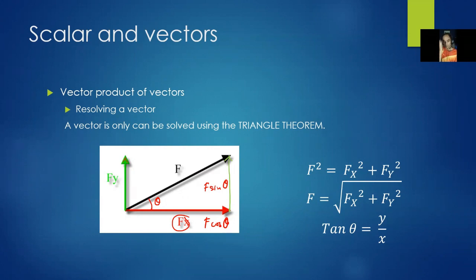But if you have the value of F cos theta and you have the value of F sine theta, you can also get back the length or the magnitude of F by using the Pythagoras theorem.